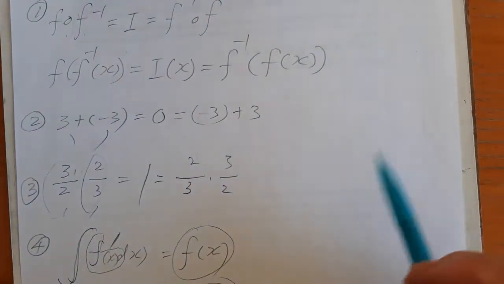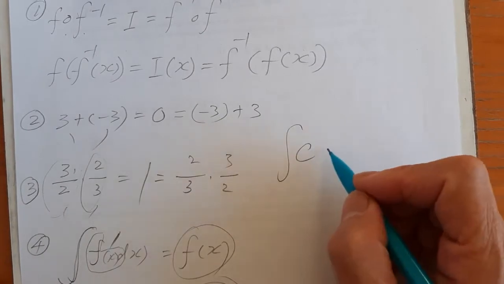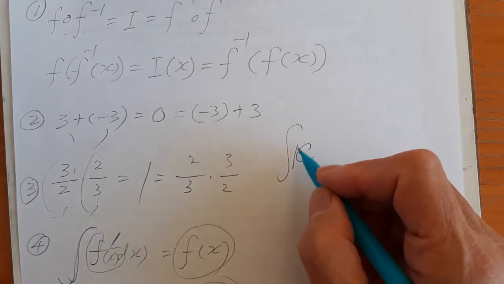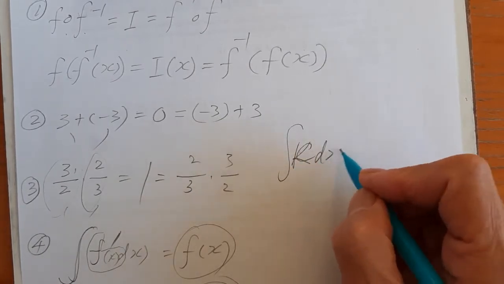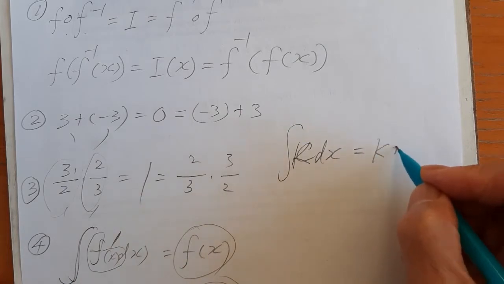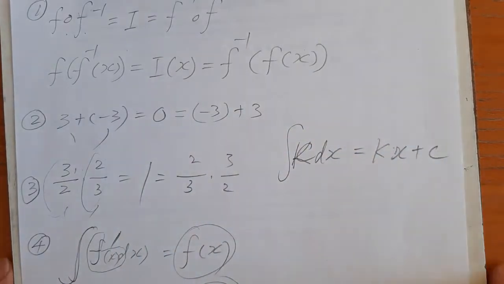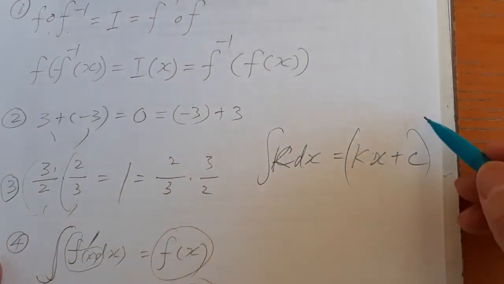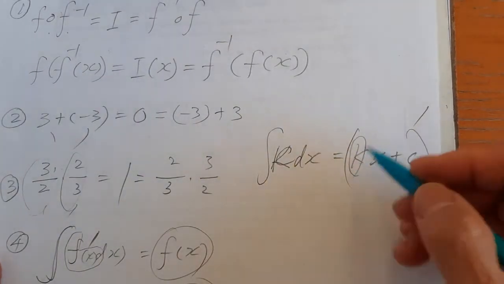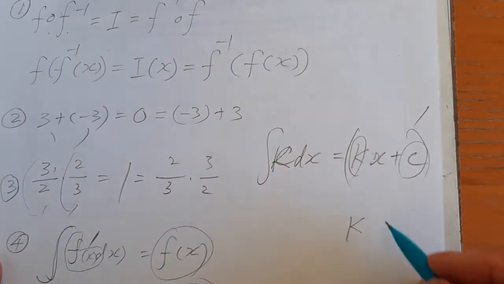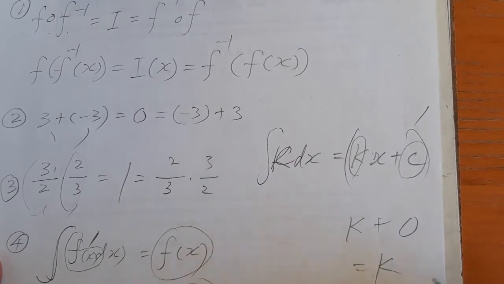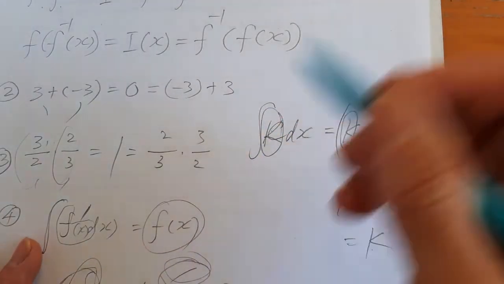For a constant term, the integral of a constant k dx is going to be kx plus c. The reason is that kx takes derivative to be k, and c takes derivative to be 0, so taking the derivative goes back to k.